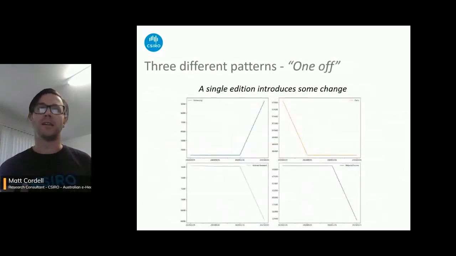The next pattern I've called a one-off change, and this is typically when there's been a single edition that introduces some sort of change. And this is most recently a result of the quality improvement changes at SNOMED International, where there's been a project that has done something and it's caused a one-off change to the data, and we end up with things like this.